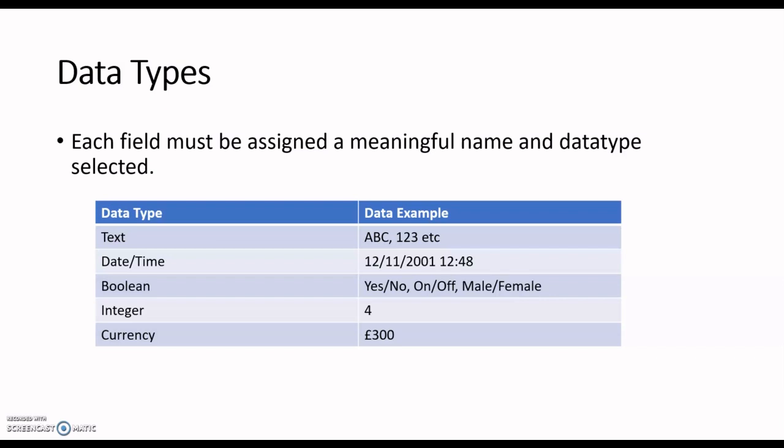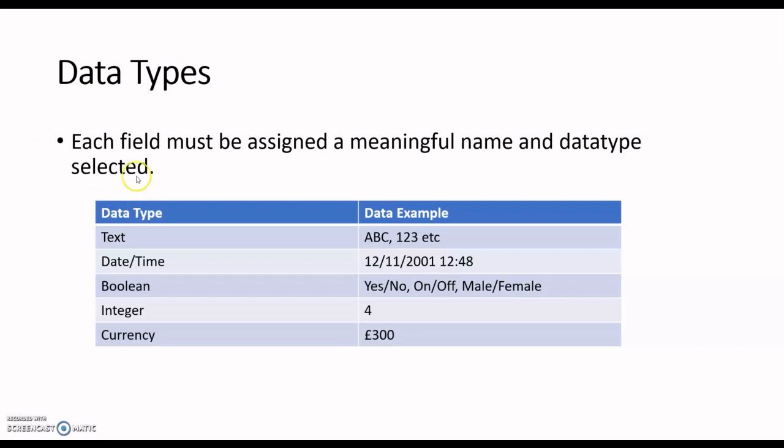We've got date and time, and you can see the date there, 12th of November 2001 at 12:48. And then there's Boolean, which can be yes, no, on, off, male or female. So Boolean tends to be one answer or the other answer. So it is yes or no, on or off, male or female, 0 or 1, and so on.